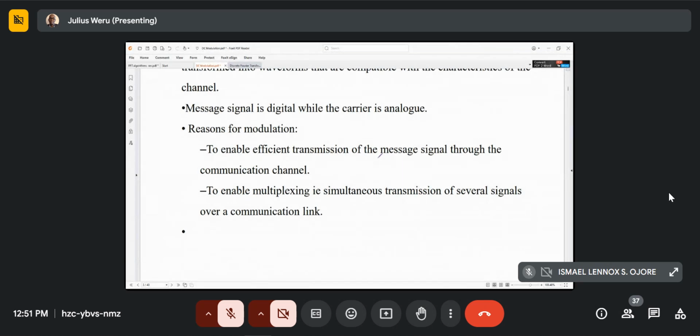So one of the reasons we want to go to a high frequency is to make it possible to work with small, or rather reasonable size, antennas.